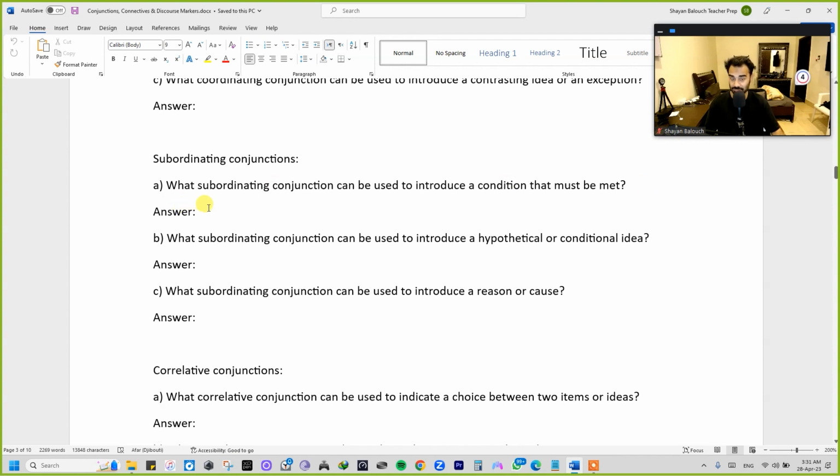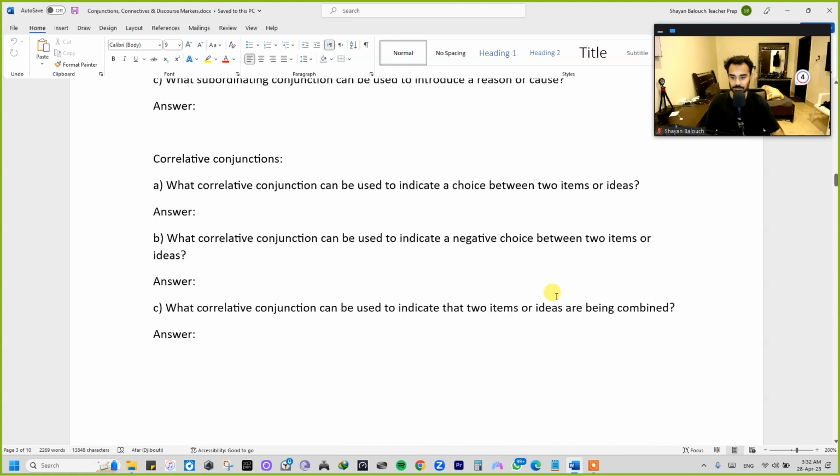Your answer. What subordinating conjunction can be used to introduce a hypothetical or a conditional idea? I just told you. What subordinating conjunction can be used to introduce a reason or a cause? Well, we have just learned right now. So, drop down your answers in the comment box.